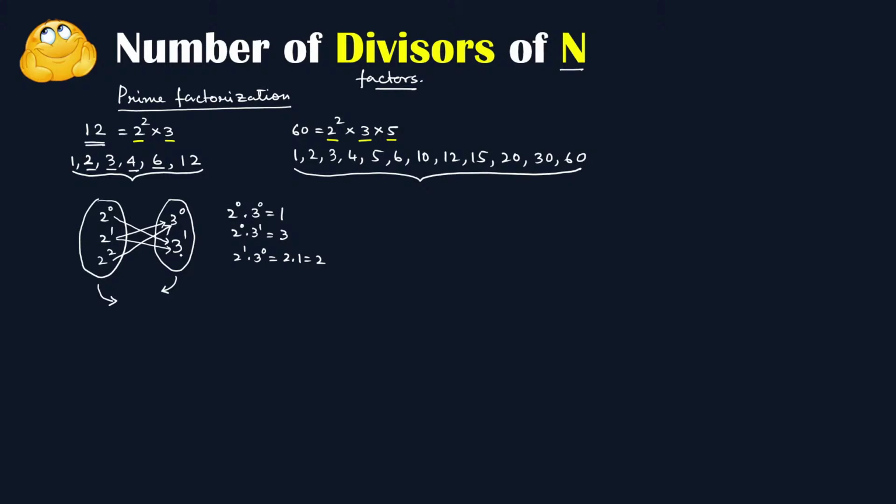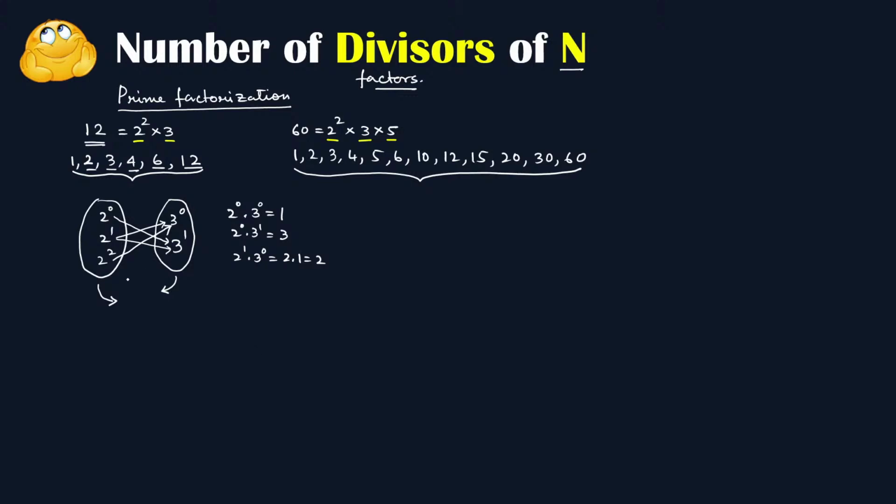2 square into 3 to the power 1. That is 4 into 3, that is 12. Again, 12 is a factor of this natural number 12. So, how many divisors or factors are there?